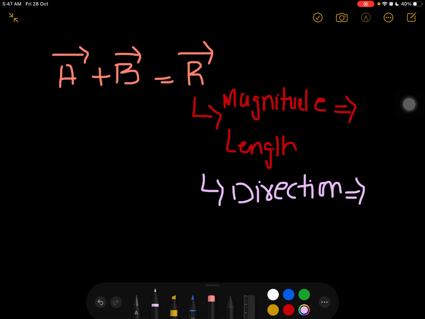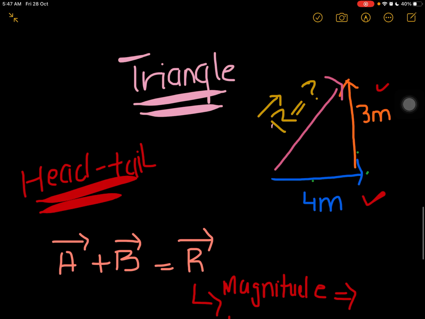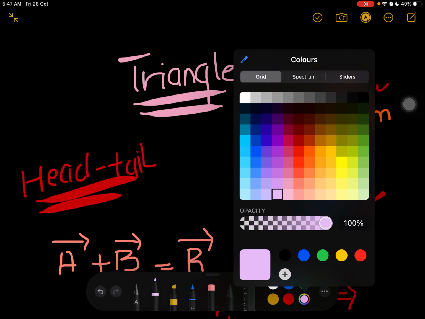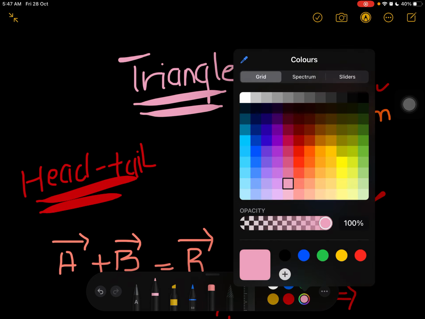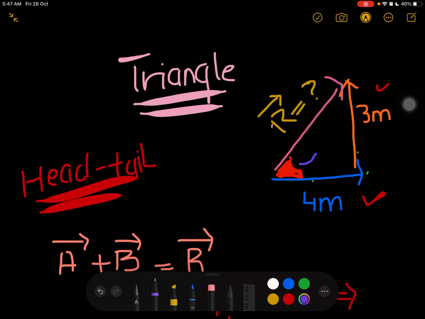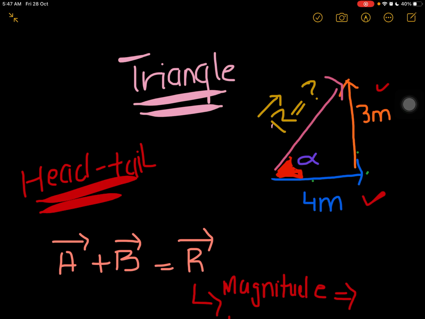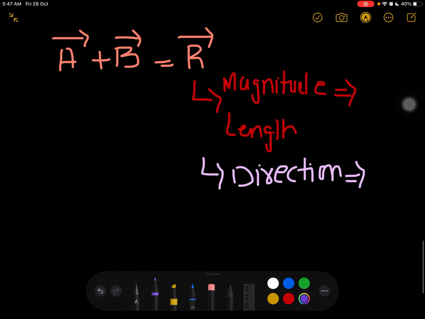It will be shown. So consider over here there is an angle. This is an angle, theta, or you can consider this as alpha. So what will be the direction of the resultant R?